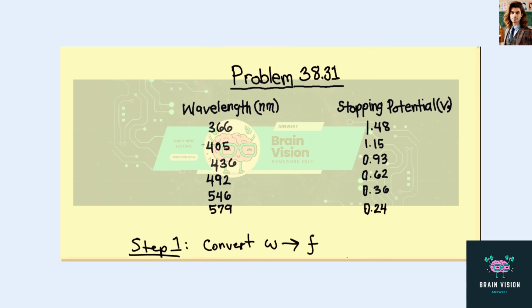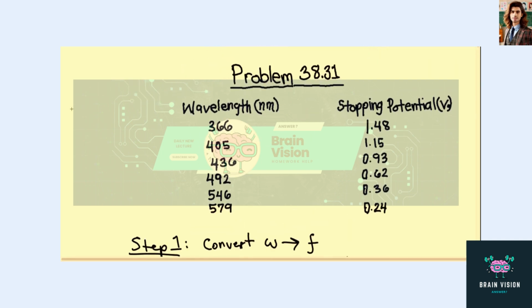Now, it just so happens that our frequencies are going to be in the magnitude of the hundreds of trillions, which is around the 10 to the 12, 10 to the 14 range.